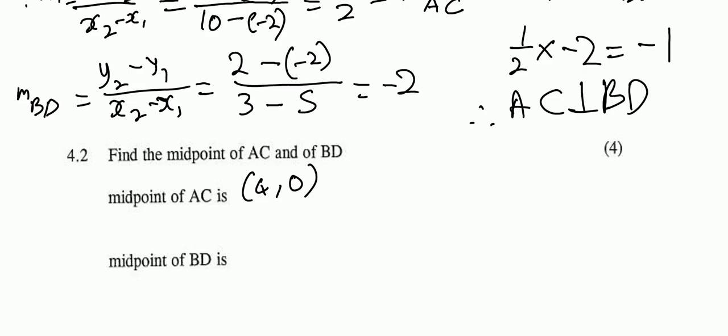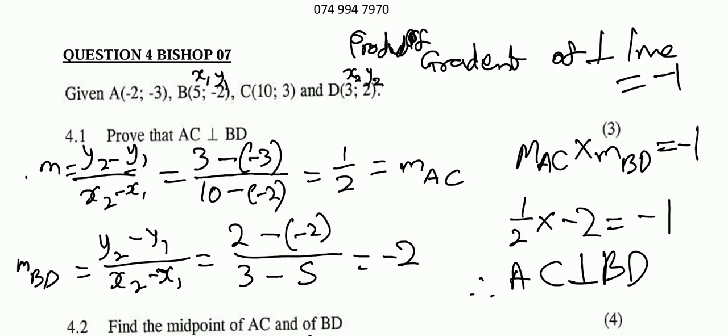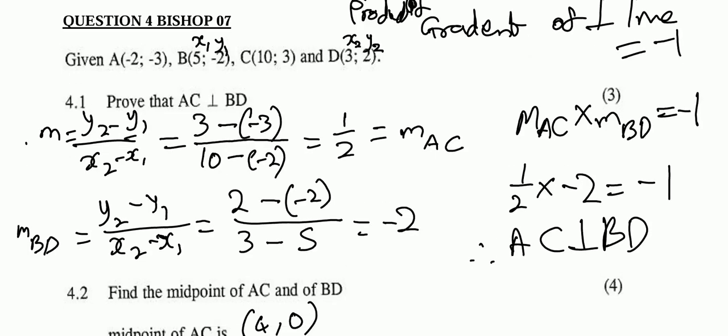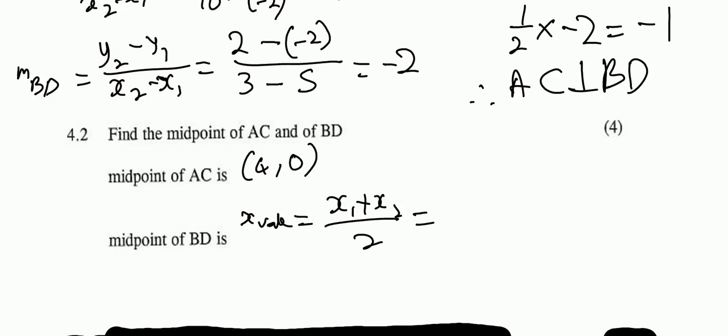The midpoint of BD. The x value will be x1 plus x2 over 2. What is our x1? Our x1 is 5. Our x2 is 3. So we have 5 plus 3 over 2, which is 8 over 2, which is 4.